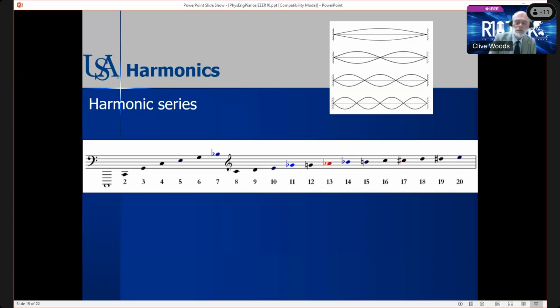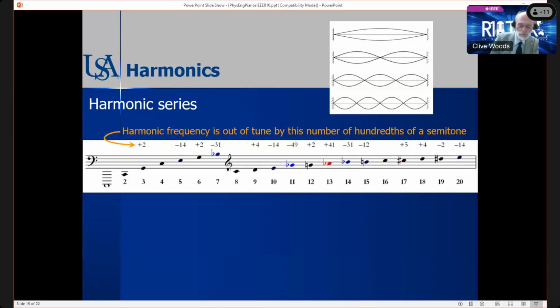If we try and translate those into musical terms, then a very low C turns out to have those notes as its harmonics, but some of them are very out of tune because music notation is fixed, but the harmonic frequencies just don't happen to fit some musical notation very exactly.